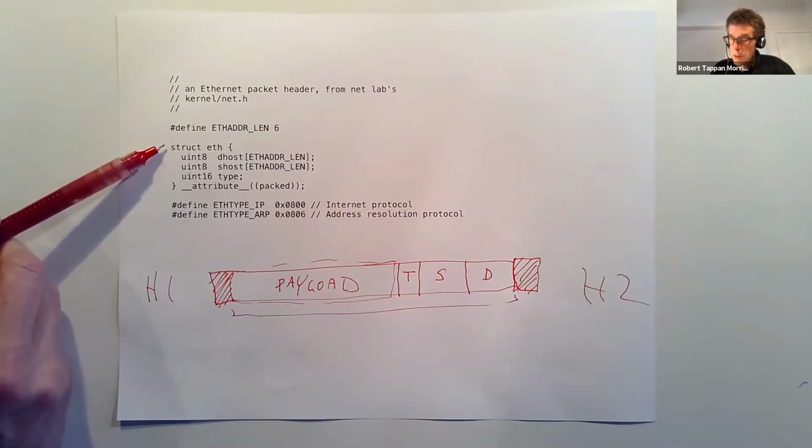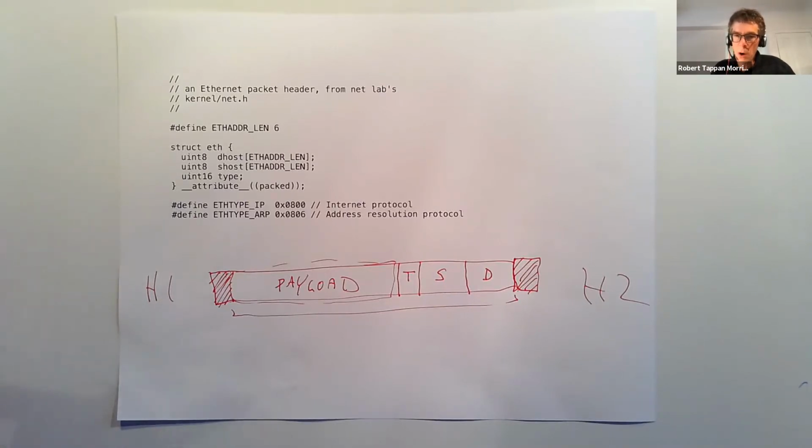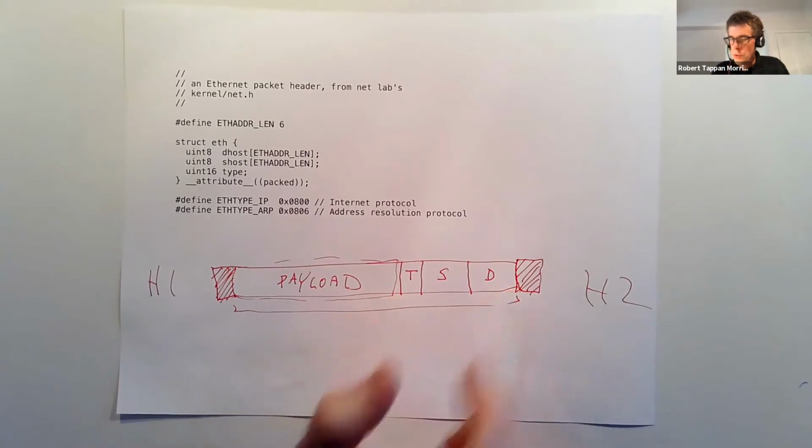The software we give you literally uses this struct definition in order to parse incoming Ethernet packets, that is, to pick apart the header to get the destination and type. It also uses this structure to format packets. So the host is really in charge of setting up and parsing this header that's used by Ethernet.